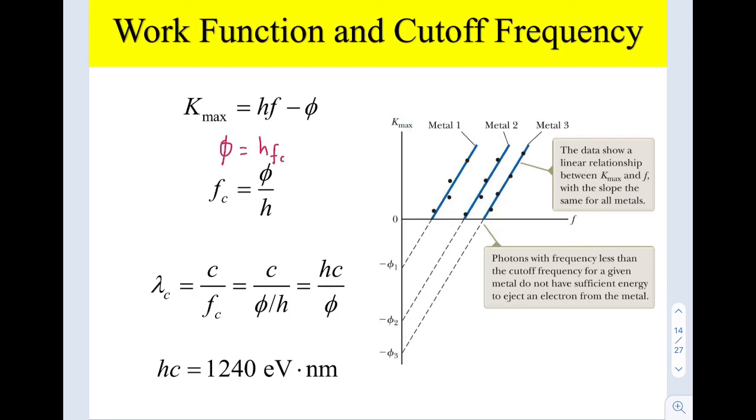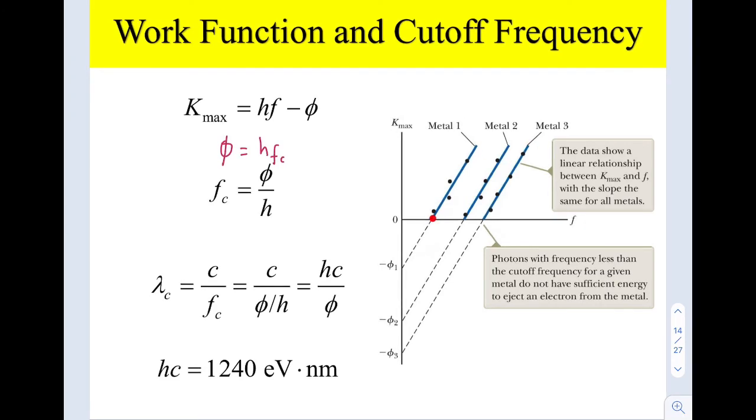Okay, so we have a graph here of kinetic energy maximum versus frequency. From this graph, when you do the extrapolation, you will figure out that the negative amount of kinetic energy is actually the work function for this metal. Again, when you repeat the experiment with another type of metal, you will observe some data and plot it.